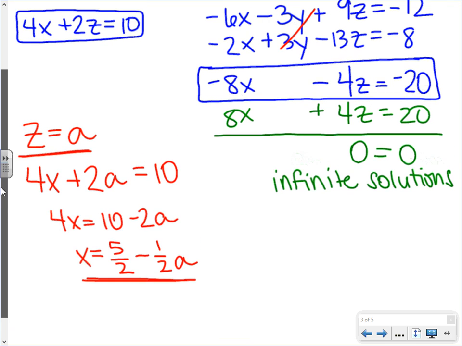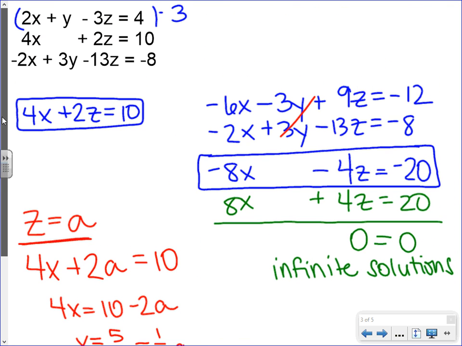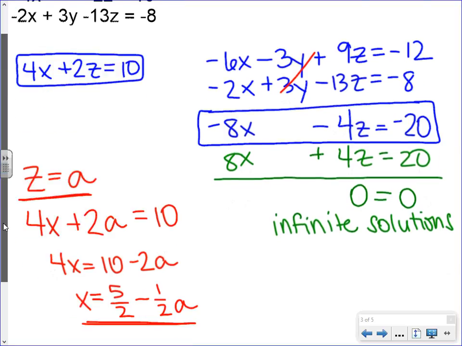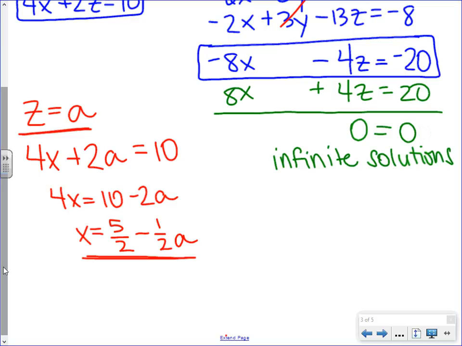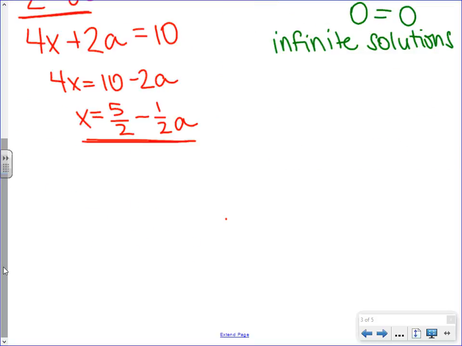Now we need to find y. The first equation might be the best to use. I'm going to go ahead and rewrite it. Will you read off that first equation to me? 2x plus y minus 3z equals 4.